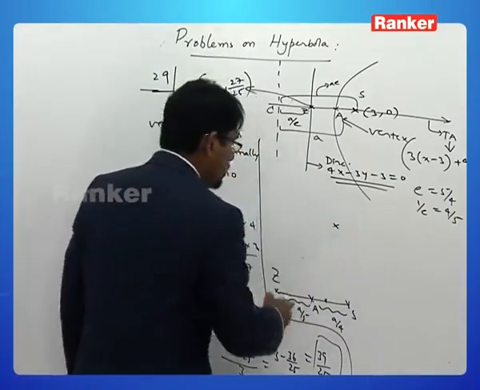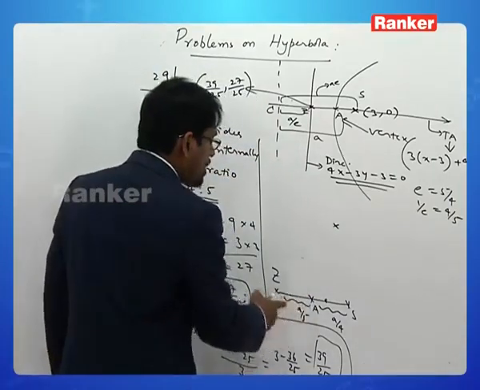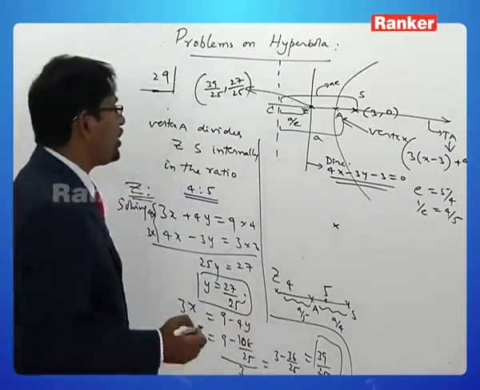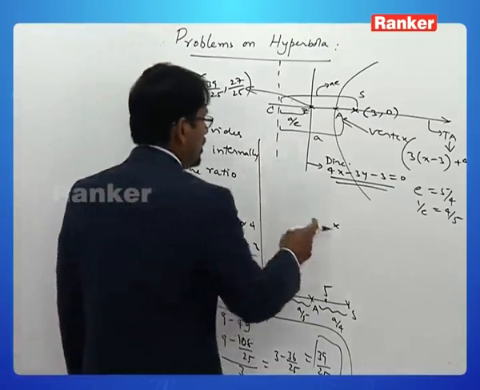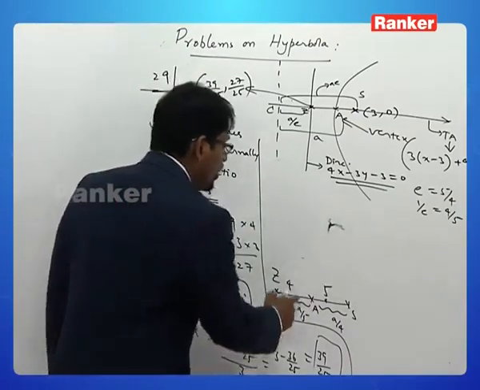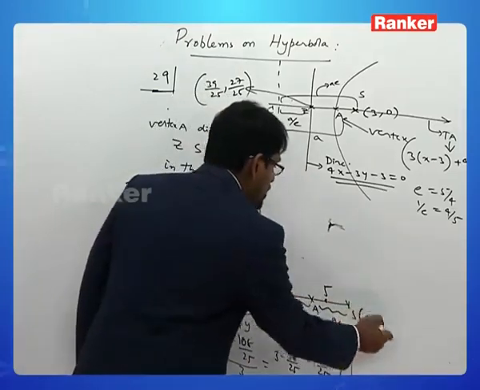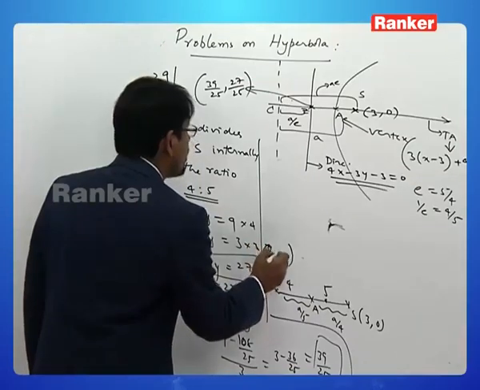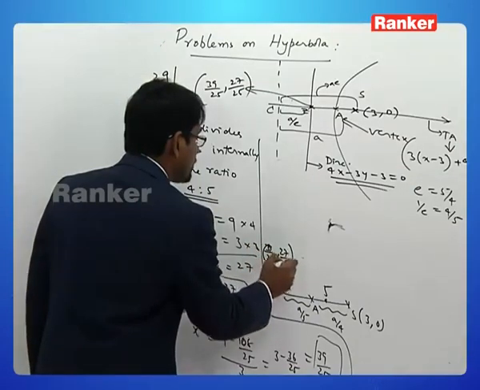We know that A divides ZS in the ratio 4:5. So we use the section formula. The section formula goes this way. So 4 times S, which is 3 comma 0, and Z is 39 by 25 comma 27 by 25.